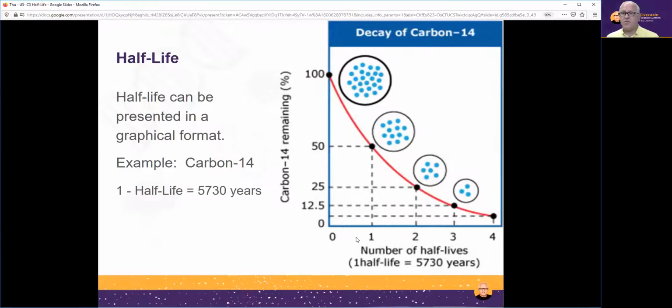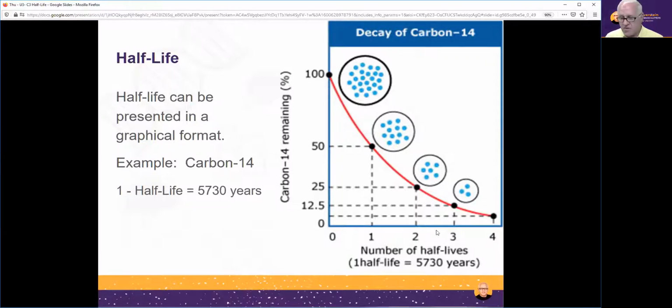Now, the half-life can also be presented in a graphical format. And so here we can watch the decay of carbon-14 over time. The half-life of carbon-14 is 5,730 years.